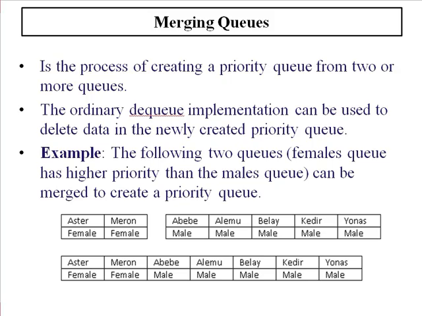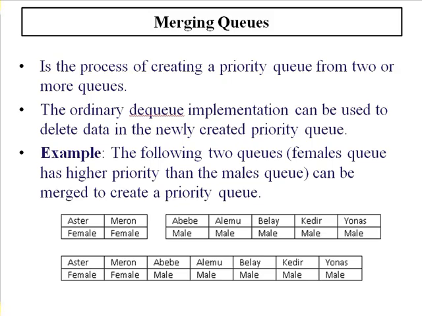From the given sub queues, we can create a single priority queue. So the ordinary dequeue implementation can be used to delete data in the newly created priority queue.